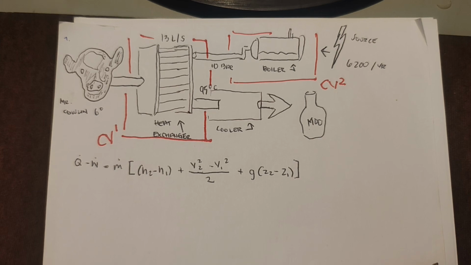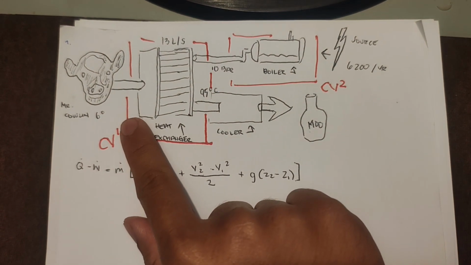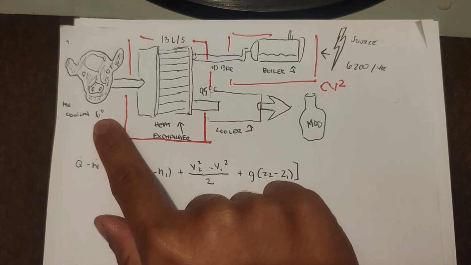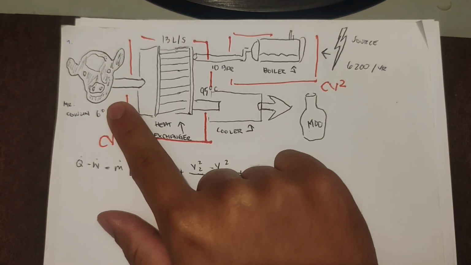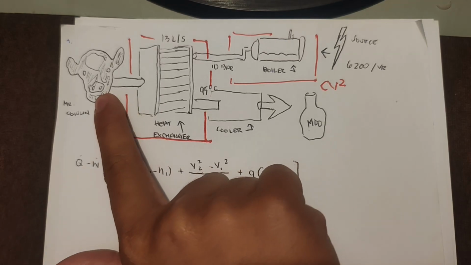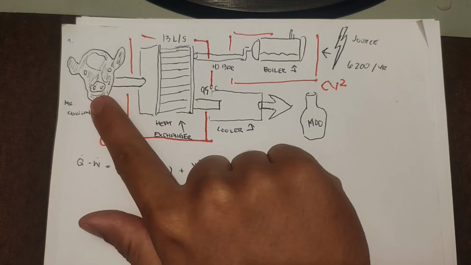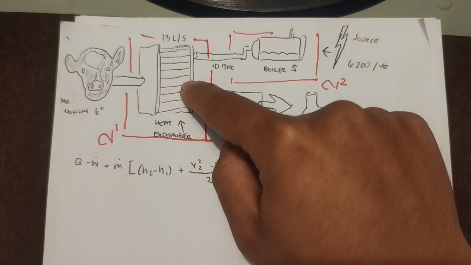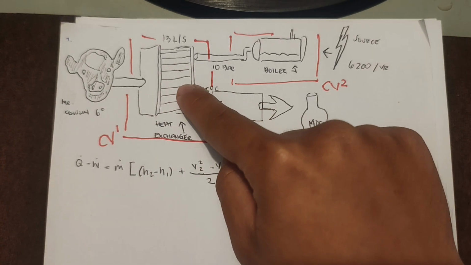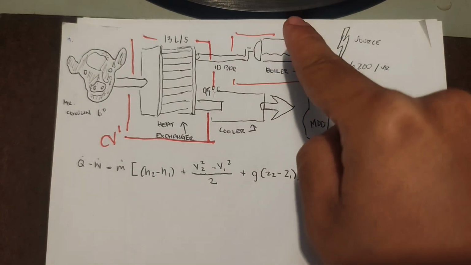Okay, so I'm gonna explain our drawing or sketch here. This is our milk source. So Mr. Cow will give us some milk. Let's just say this is a container. It's gonna give us some milk, and it's gonna be passing through this box. We call it the heat exchanger. So it's full of pipes and coils usually.